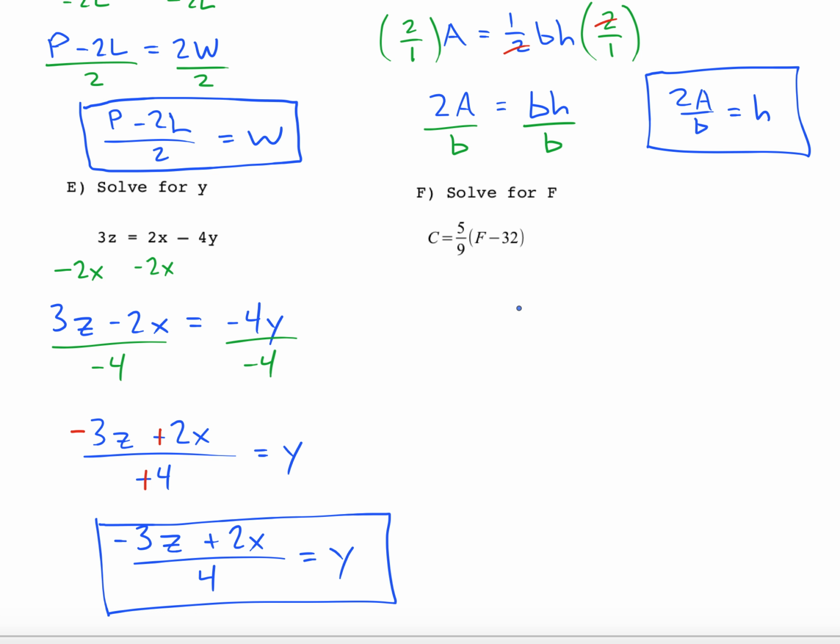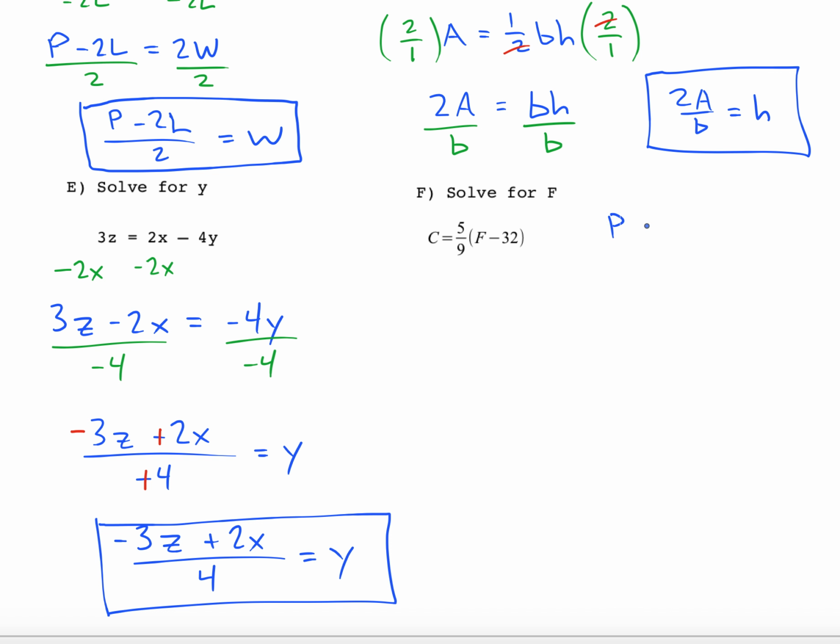And our last one here. We want to isolate f. There's a lot of things happening to f. He's being subtracted. Let's see, there's a subtraction of 32. There is a multiplication of a fraction here. You got to figure out which one to undo first.